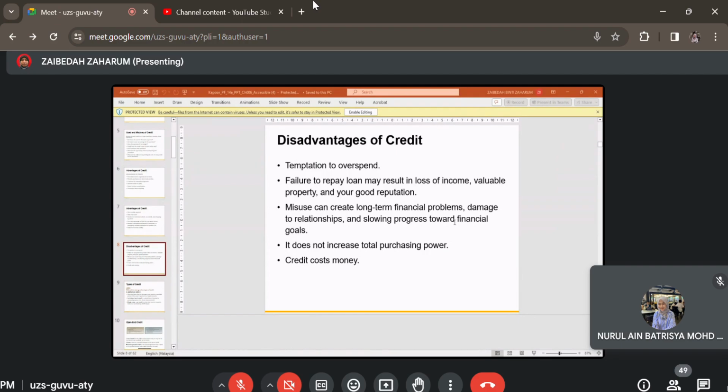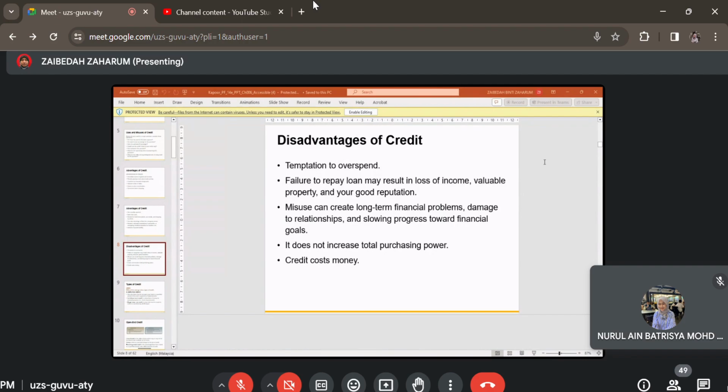Contohnya kalau katakan financial goals you tadi, you nak buat pinjaman untuk retire, okay, ataupun you punya goals untuk purchase a home. Okay, so bila berlakunya tadi misusing of the credit tadi, so will menyebabkan tadi memperlahankan okay, untuk pencapaian goals you tadi.